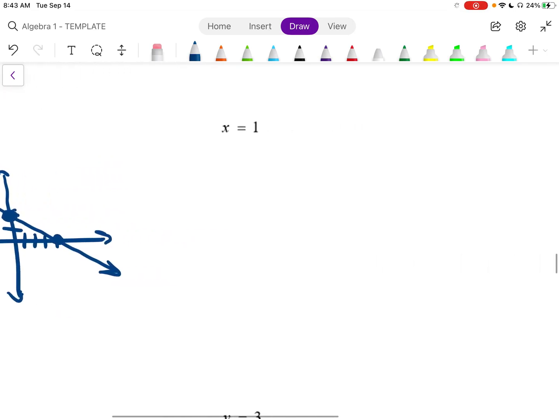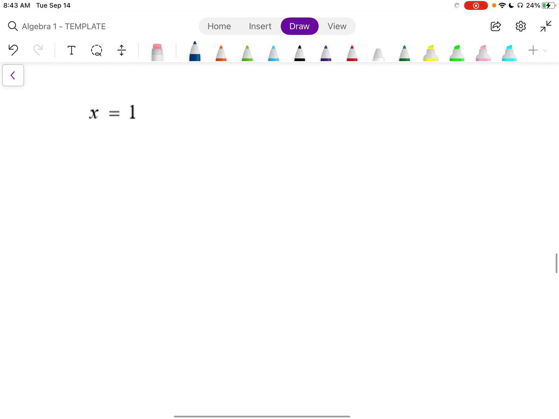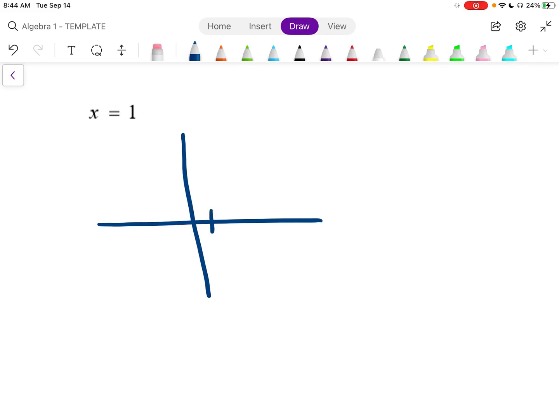All right, let's go to this one here. X equals 1. The first question you should ask yourself is, is this a horizontal line or a vertical line? This is going to be a vertical line. I go right to x equals 1, and then I draw my vertical line, right like that.